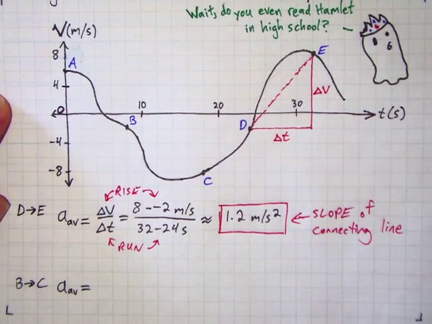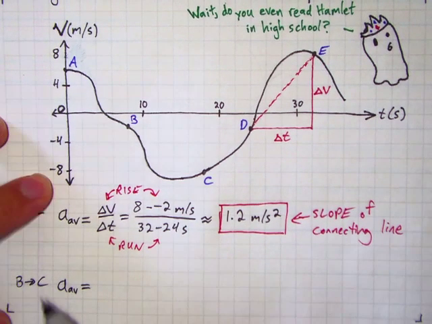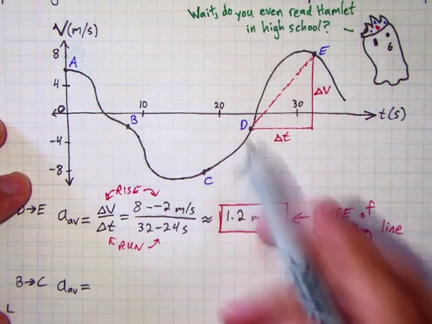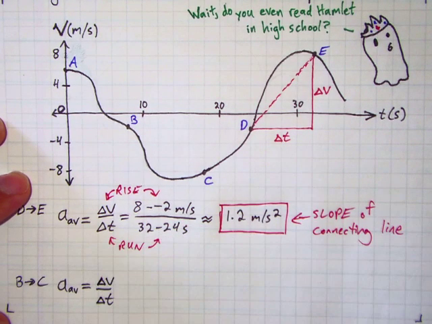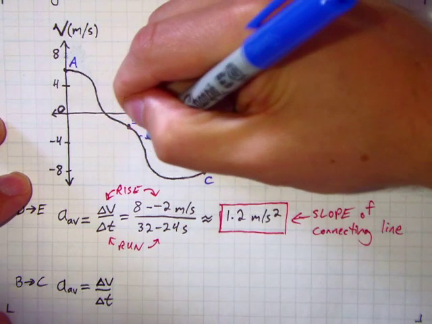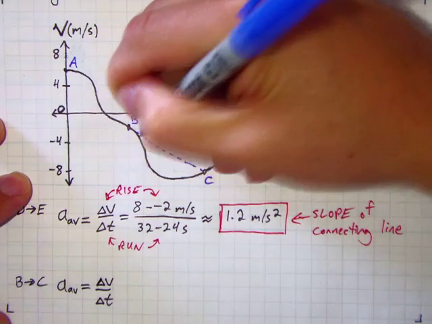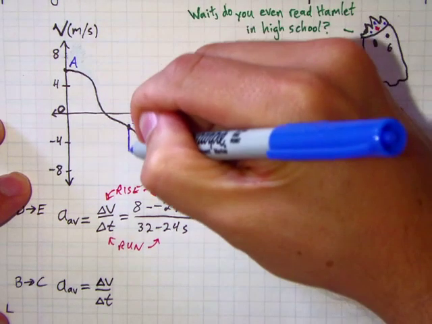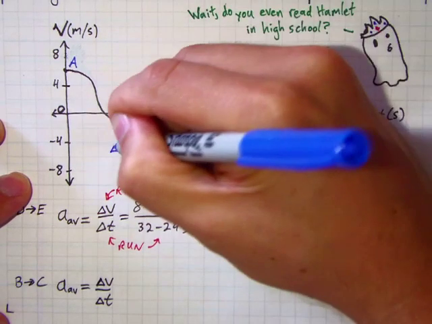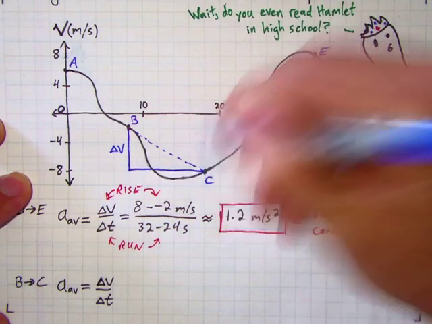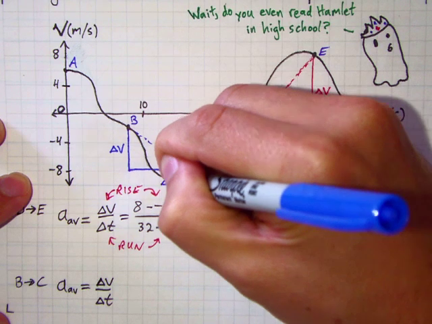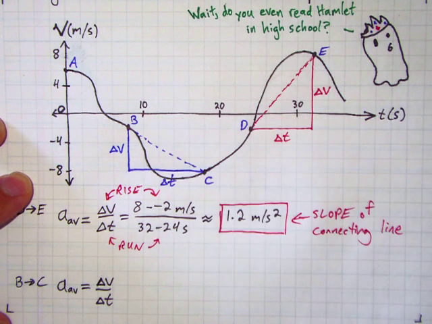How about the average acceleration from events B to C, from here to here? Average acceleration is delta V over delta T. If I connect those two events with a line and draw in this triangle, that side represents our change in velocity. And from there to there, that is our change in clock time.